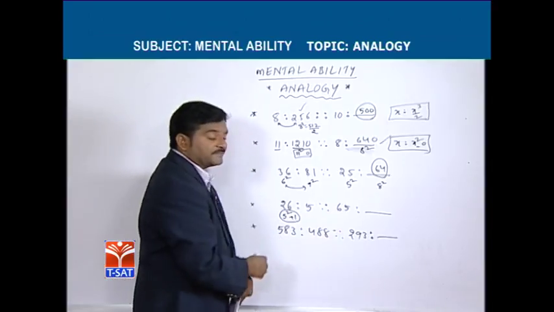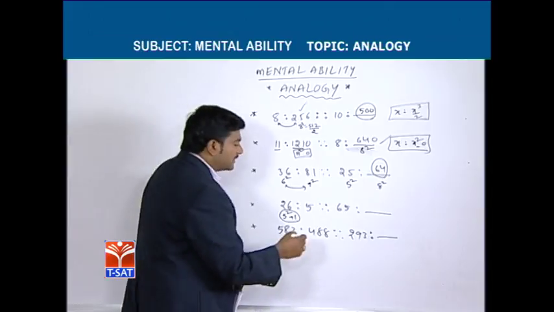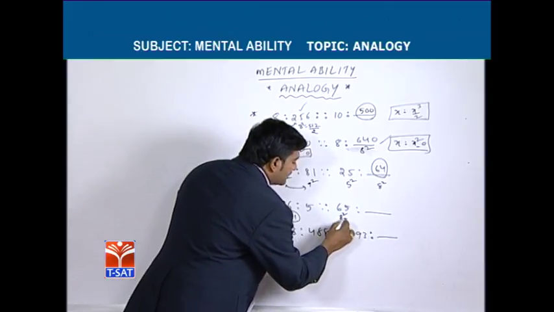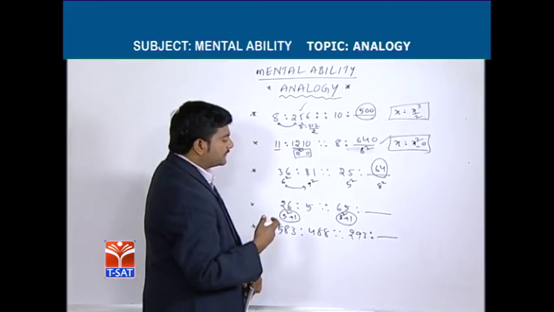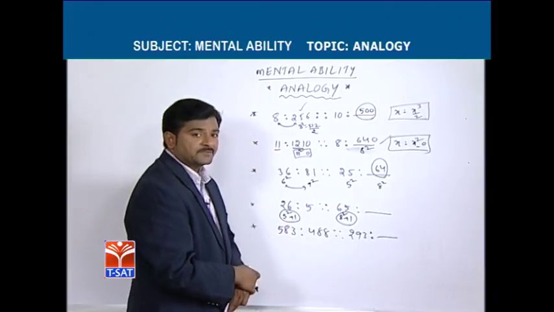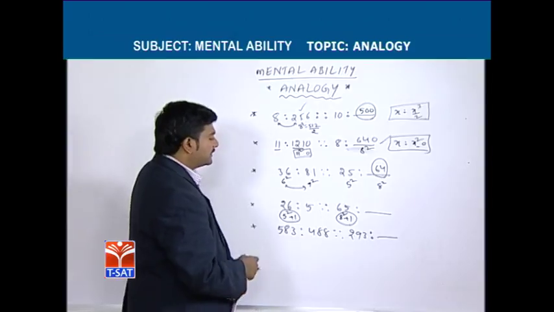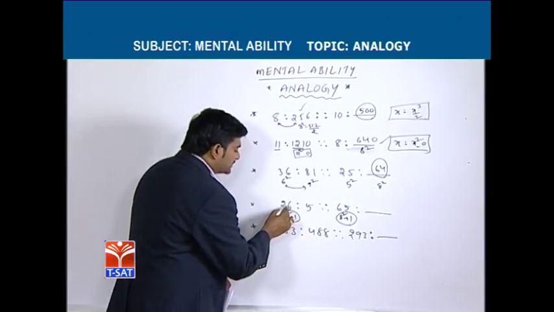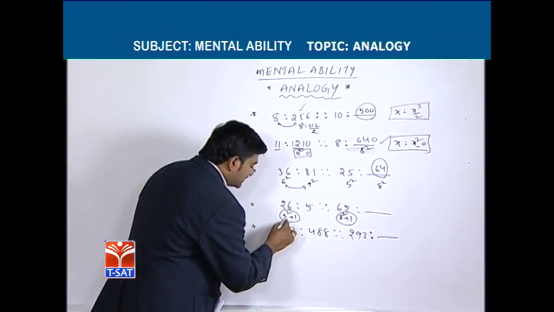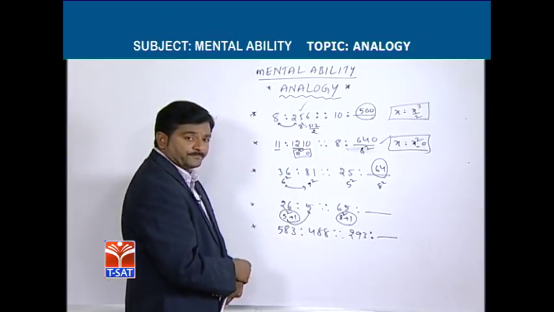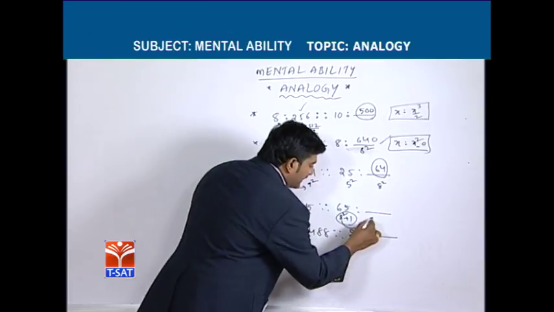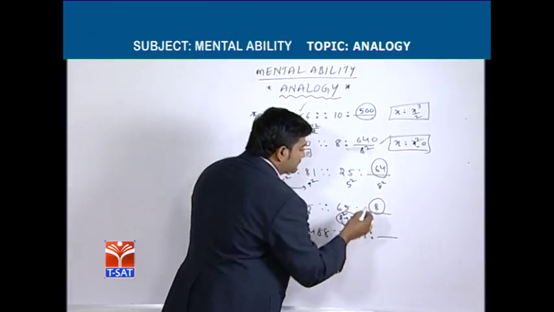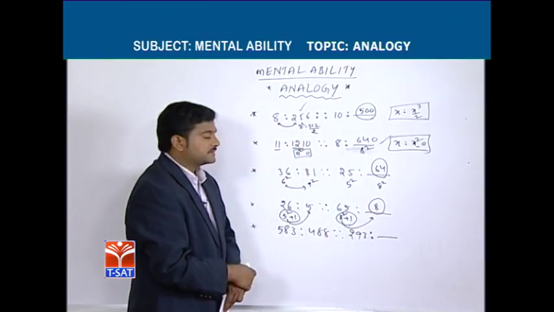Similarly 65 is there. 65 means 8 square plus 1, since 8 square means 64, and 64 plus 1 means 65. So here 26 means 5 square plus 1, see this 5 written here. Similarly 65 is 8 square plus 1, so we need to write this 8 in the given blank. So hence the answer for the given question is how much here?